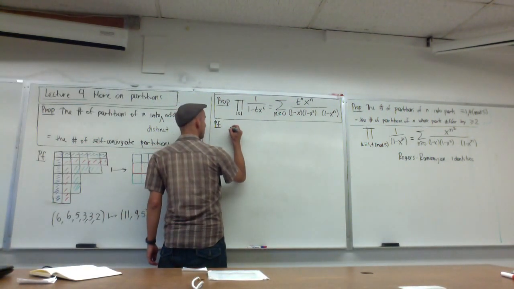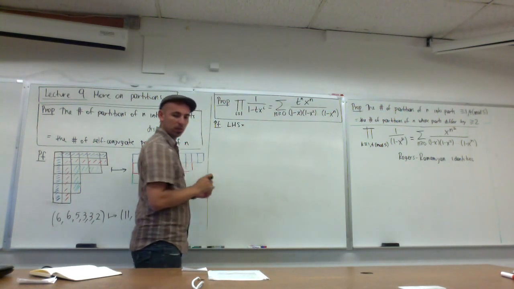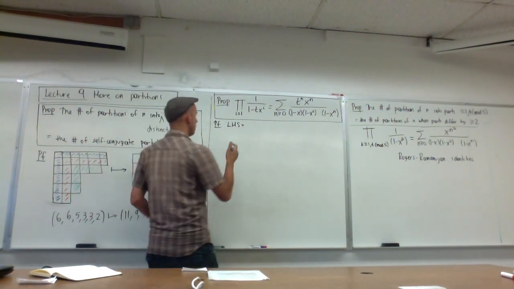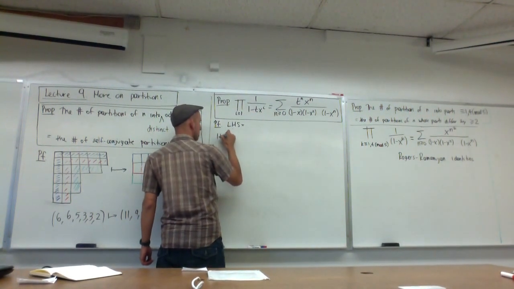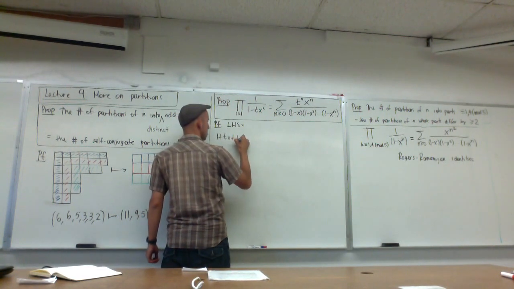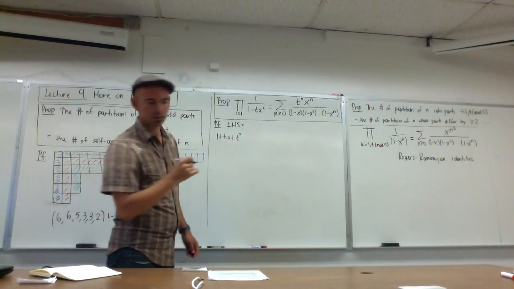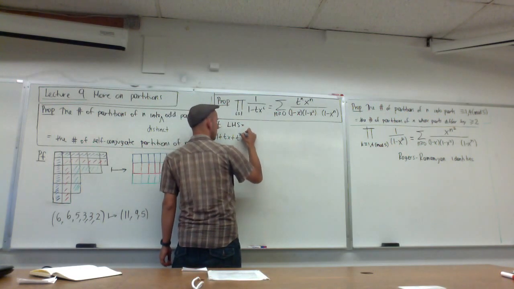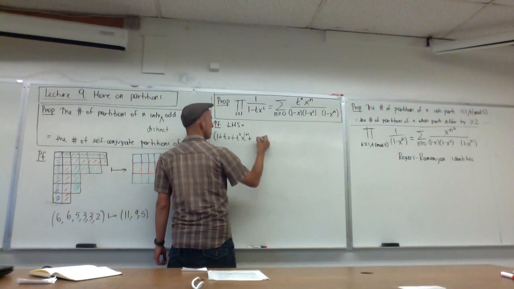So what is the left-hand side? Well, let's do first 1 over 1 minus tx. So that's 1 plus tx plus t squared x to the 1 plus 1. Being a little bit deliberate in how I write this.